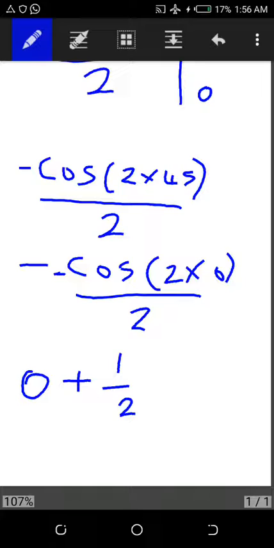So minus into minus will give us a plus, and we have 0 plus 1 over 2, and that gives us 1 over 2 as our answer, which can also be written as 0.5.